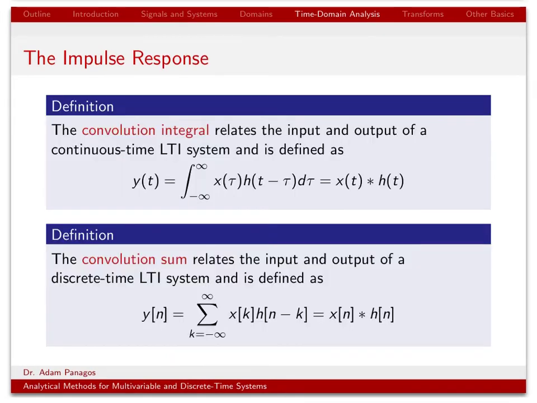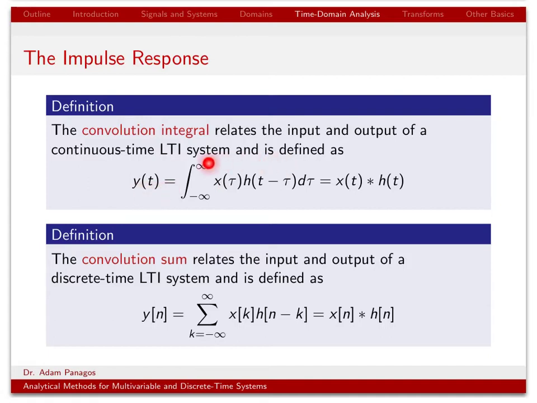Continuing talking about the impulse response, this chart reviews what we know about it when we're dealing with continuous time signals and systems. If we know the impulse response of our system, this is h of t, the convolution integral is what relates the input of the system, denoted by x, with the output of the system.